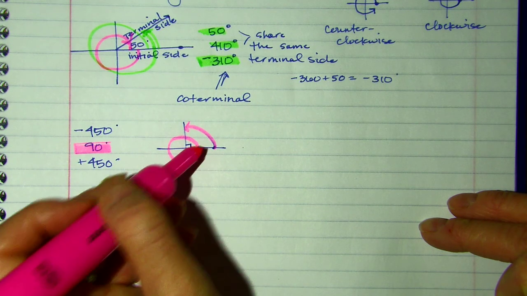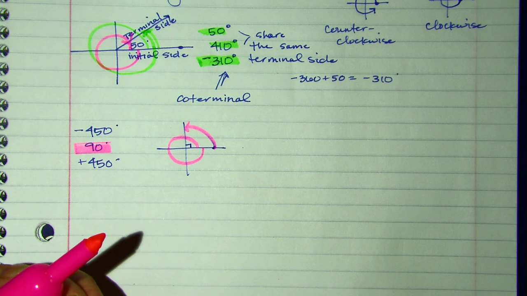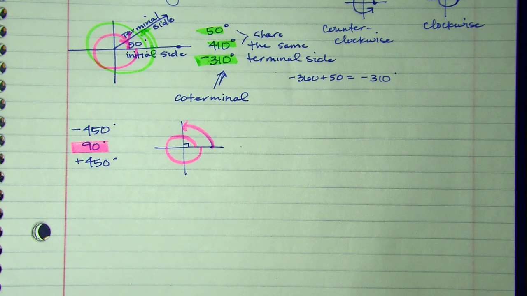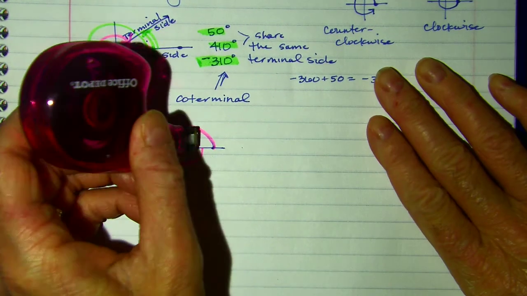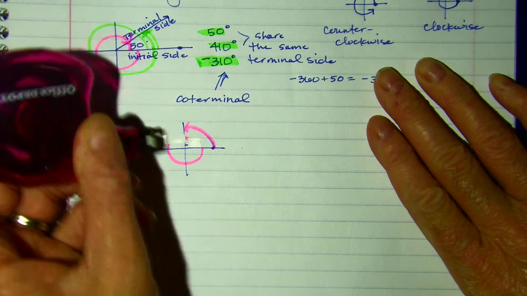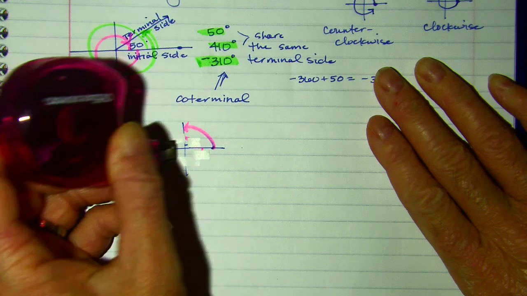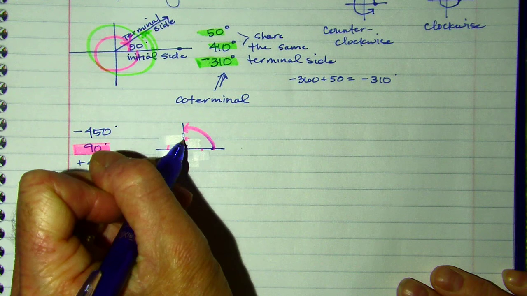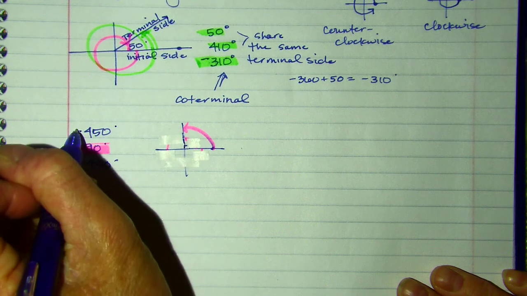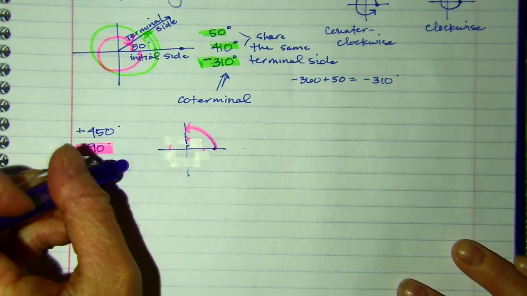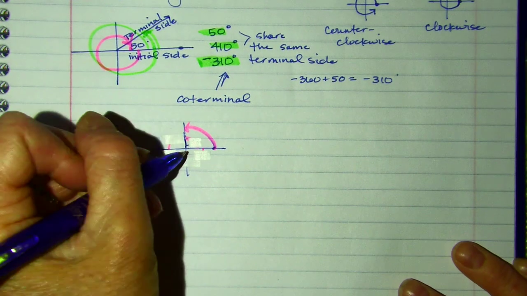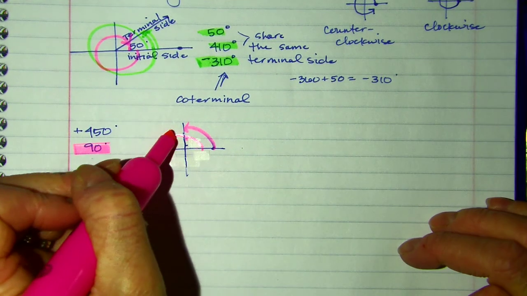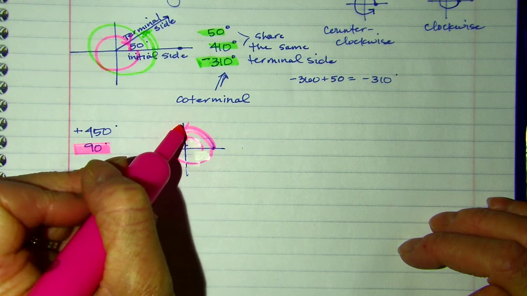I'm messing up all over the place. Sorry, hold on. It should be positive 450. Positive 90 and positive, here's 360, 450.